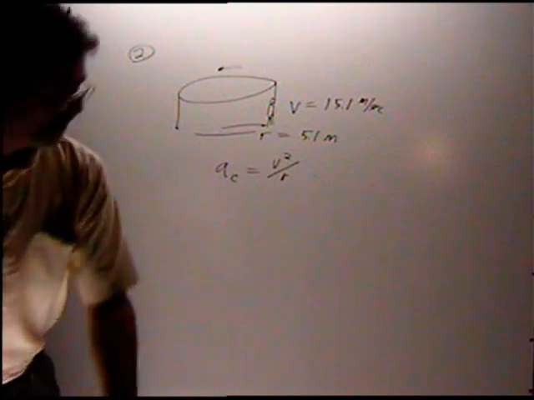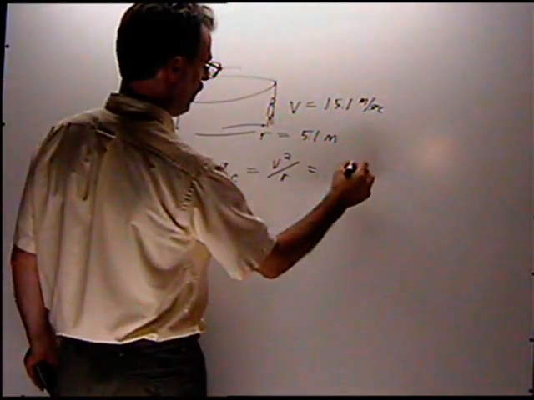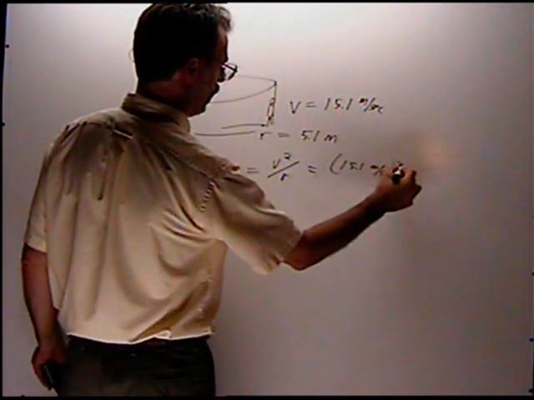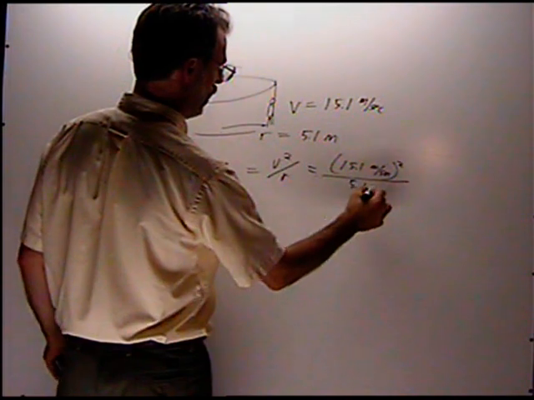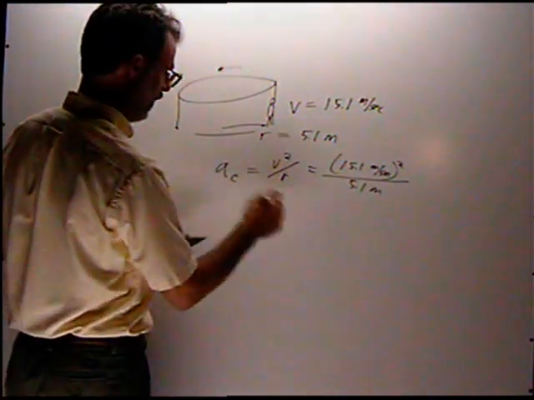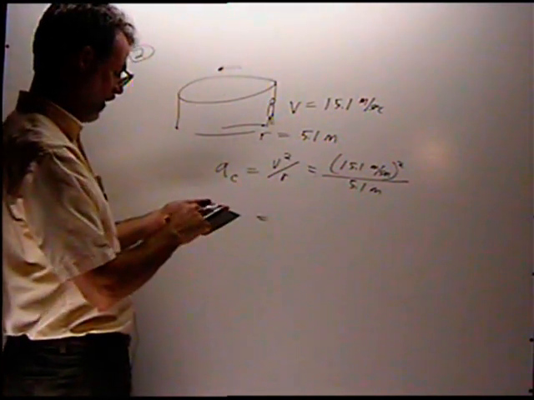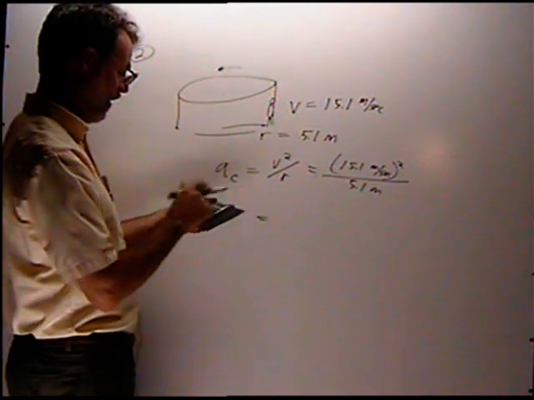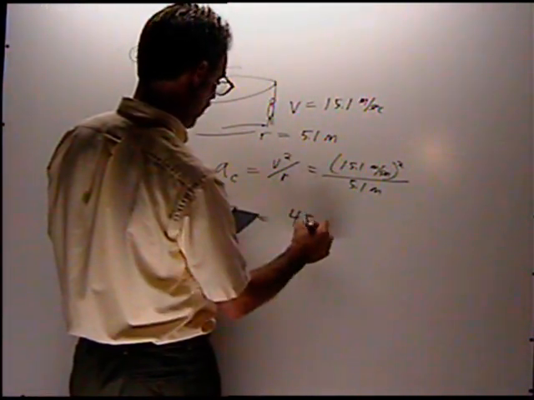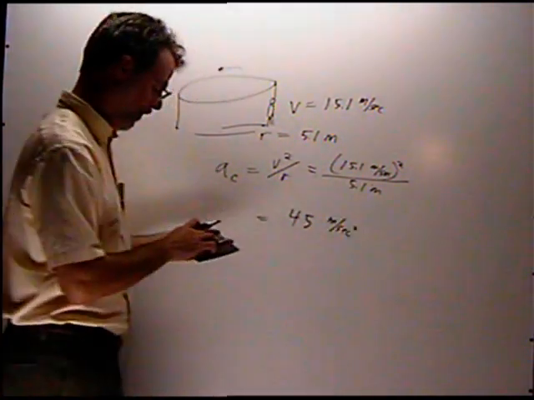So again, that's just a straight application, just plugging directly into here. It's 15.1 meters per second, and then we square that divided by 5.1 meters. And notice one of these meters will cancel out. 15.1 squared divided by 5.1, and we get, rounded off at two significant figures, 45 meters per second squared.